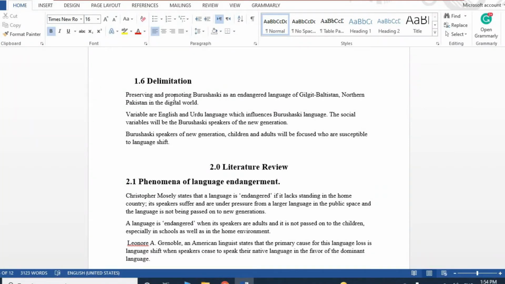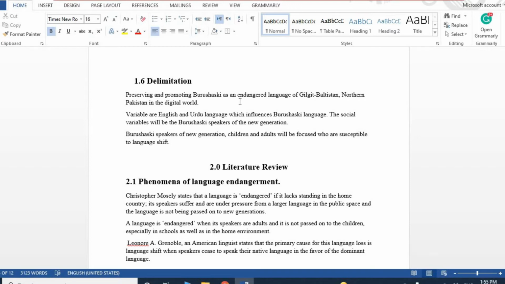So in delimitation, you have to delimit your topic to a specific agenda. As in the main topic, I discussed that my topic was preserving and promoting Burushaski as an endangered language of Pakistan. Here I have delimited it to Gilgit Baltistan, a specific area, in the northern part of Pakistan, and preservation in the digital world.